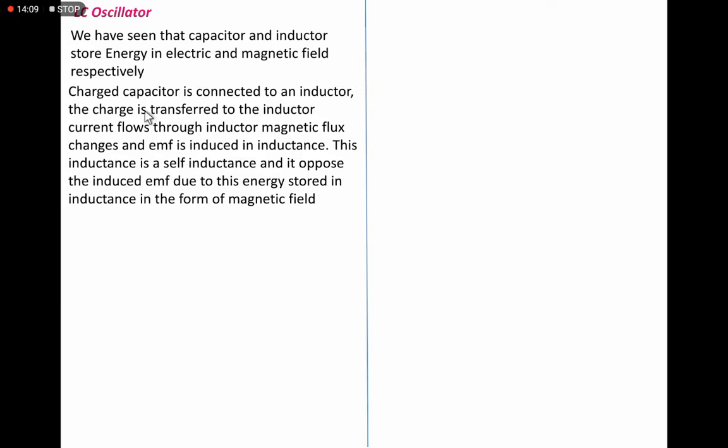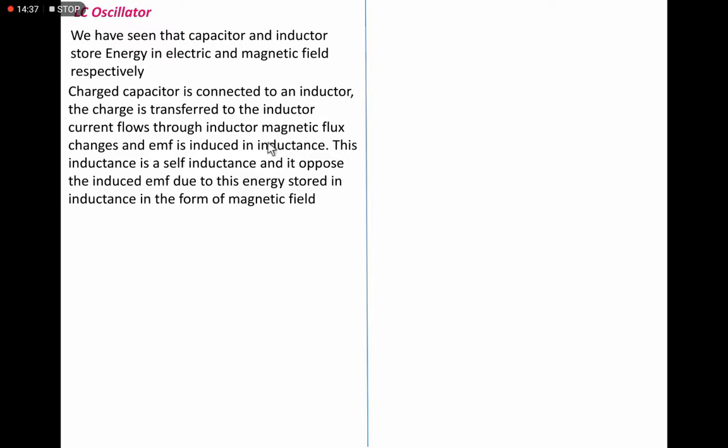Capacitor is connected to inductor, both are in series. Capacitor is fully charged, therefore the charge is transferred to the inductor and current flows through the inductor. We know that once the current is there through the inductance coil, the flux changes and EMF is induced.